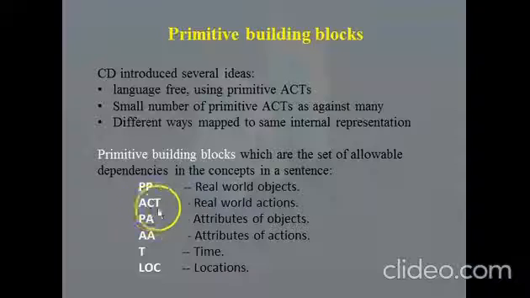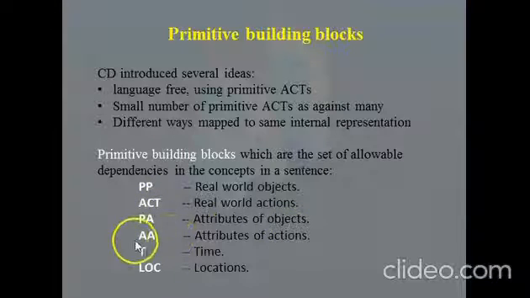Then ACT is the real world action. PA is the attribute of objects. They are picture aiders; these picture procedures or agents will be making actions on these objects, PA.